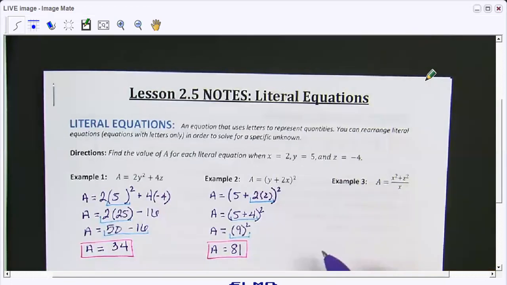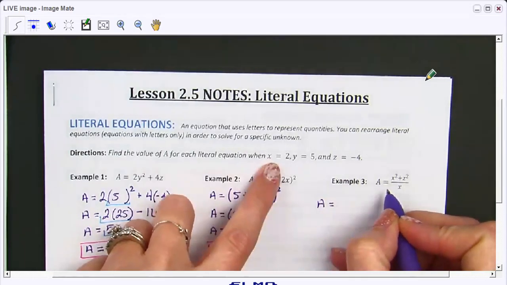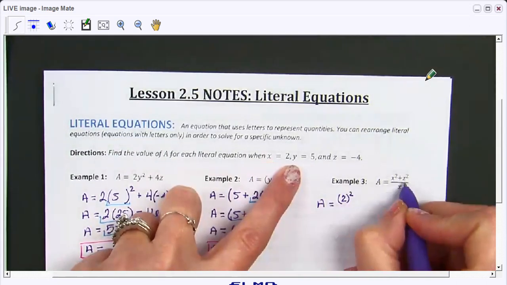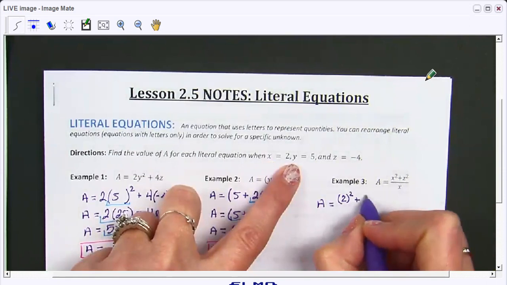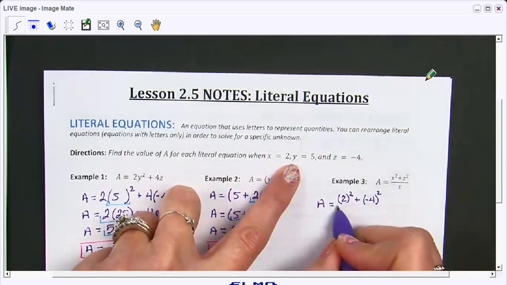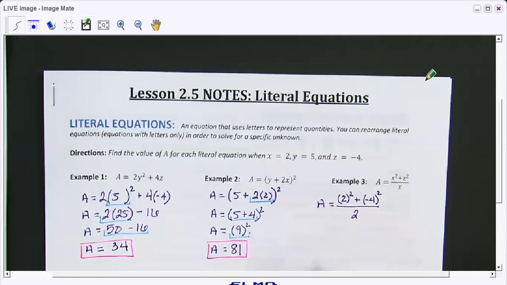And you end up with, okay, so we have X squared, which is 2 squared, plus Z squared, which is -4, all over X, which is 2. Now, you had a really good question about where the exponent goes.